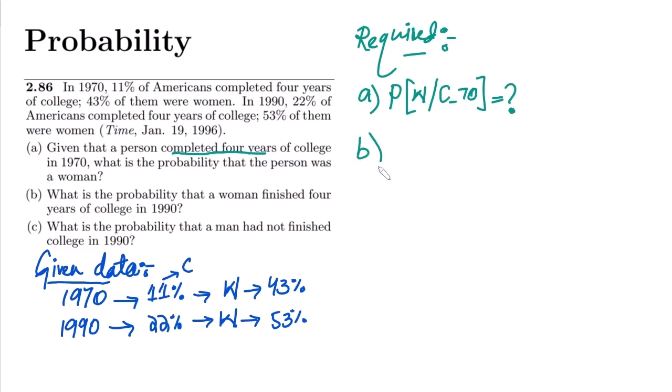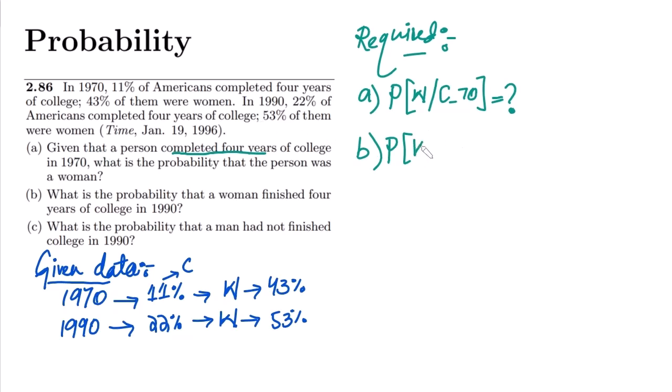In part B, what is the probability that a woman finished 4 years of college in 1990? In 1990 22% of Americans completed 4 years of college, 53% of them were women.